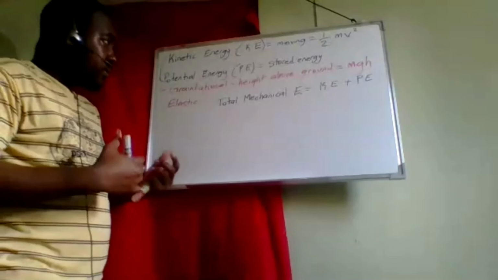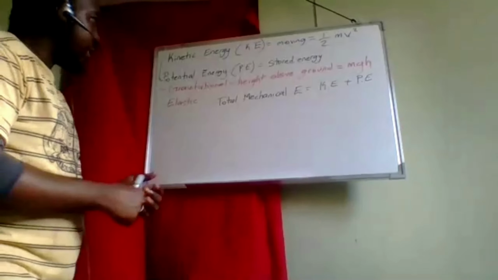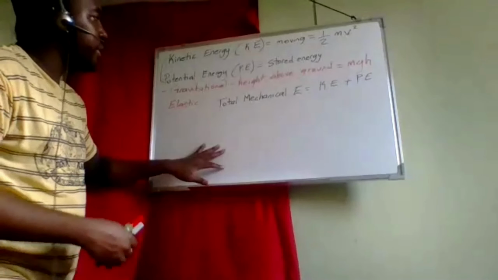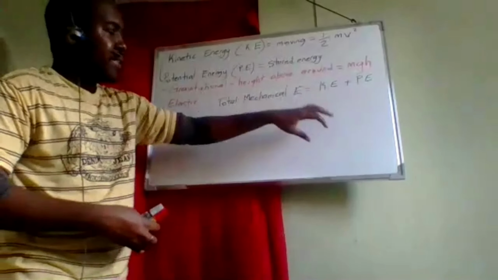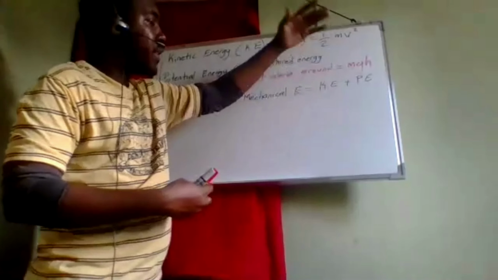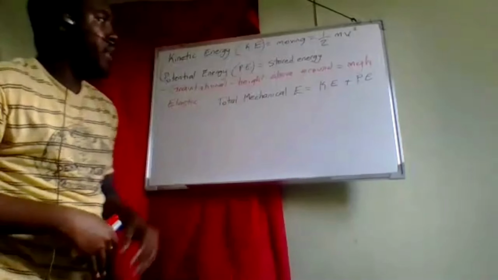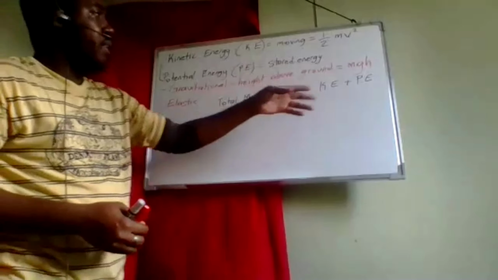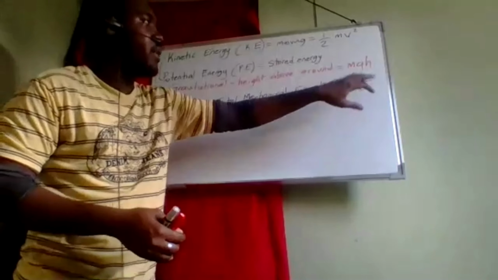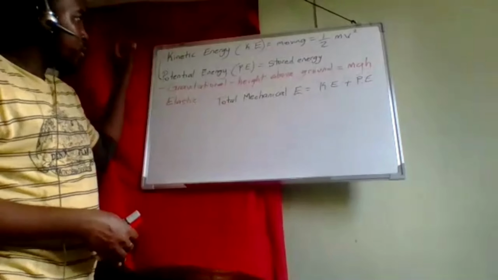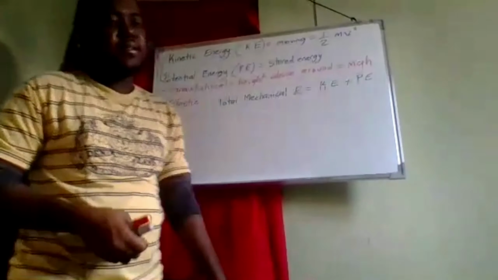This basically tells us that every machine, everything that operates on Earth, converts energy between these two forms mainly. If the object is moving, it has kinetic energy. If it is carried above the ground, then it has potential energy, or just stored energy. So total mechanical energy is equal to kinetic energy plus potential energy, right? Let's go through the others and we'll look back at this later.